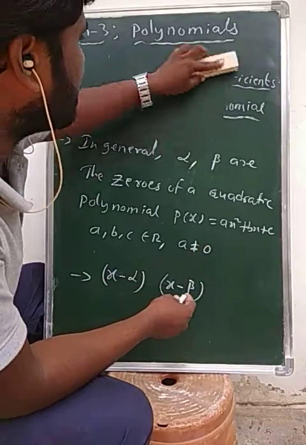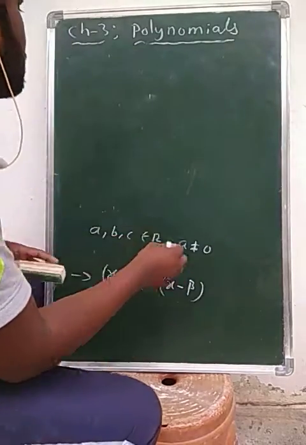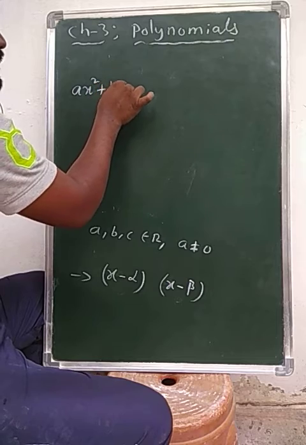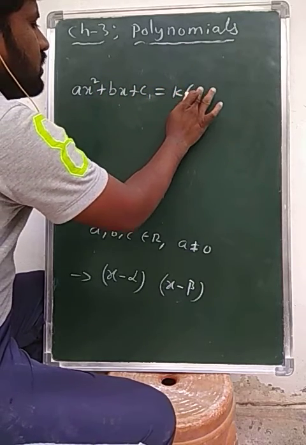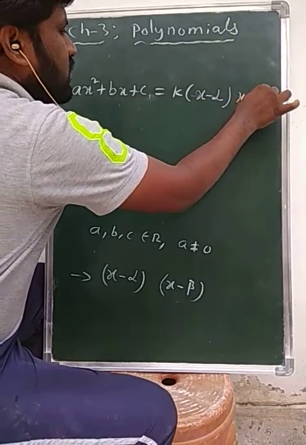So by writing like this, ax square plus bx plus c is equals to k of x minus alpha, x minus beta.